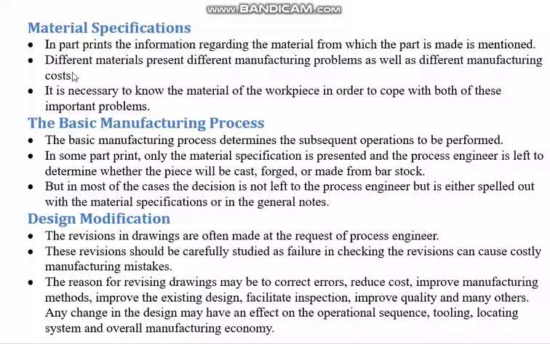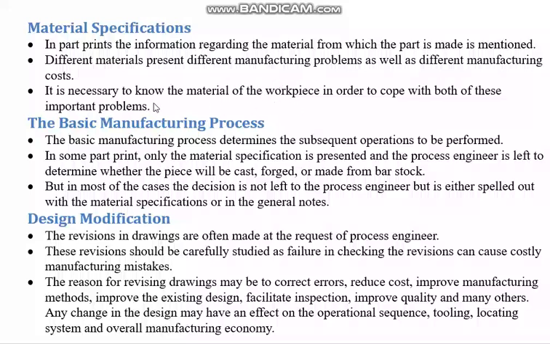Cost is the money that is required for producing it. Some of the things are hard to machine, some are easy to machine, some need simple cutting tools, some need very advanced cutting tools. These are the things that you have to consider.